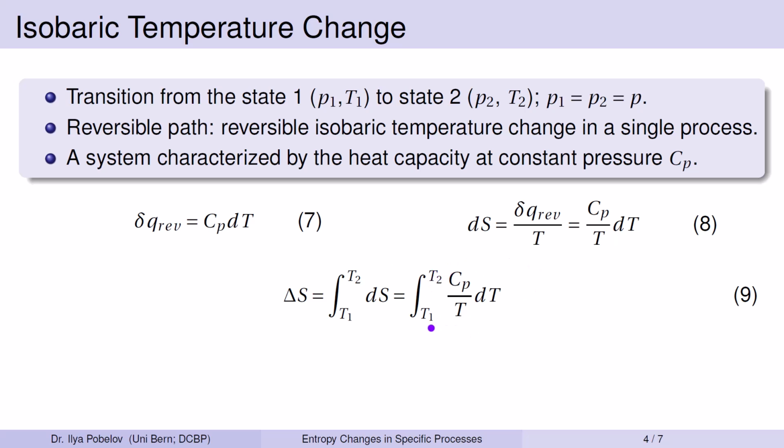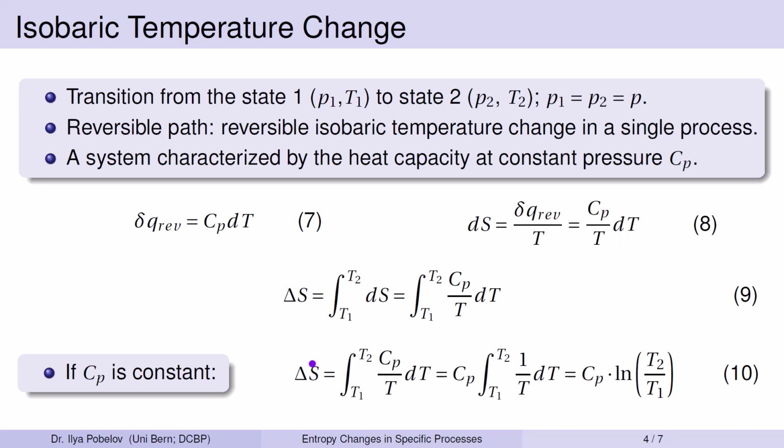This integral can be evaluated analytically if Cp is a known function of temperature. If the heat capacity Cp is constant over the temperature range, the equation simplifies. The entropy change, delta S, can be expressed as Cp times the natural logarithm of T2 over T1.